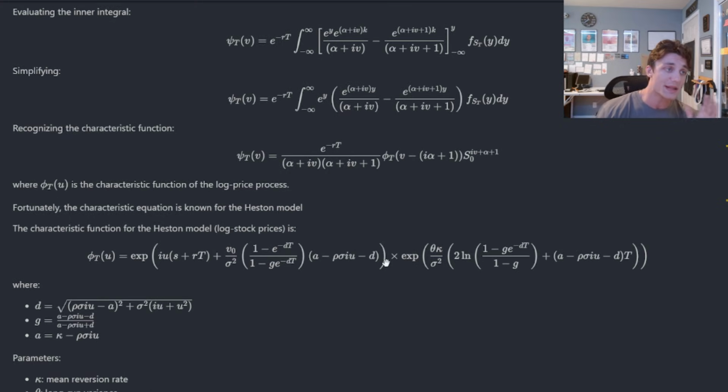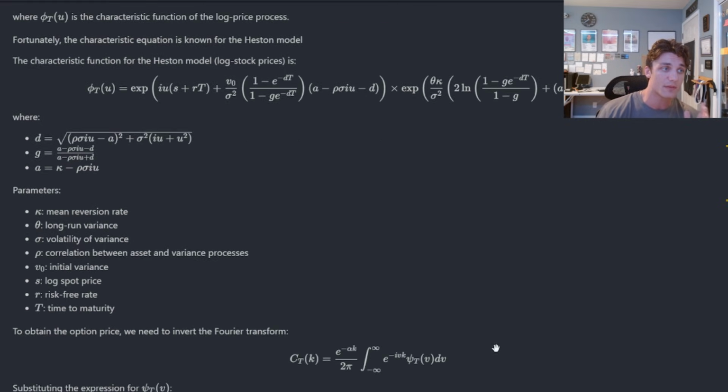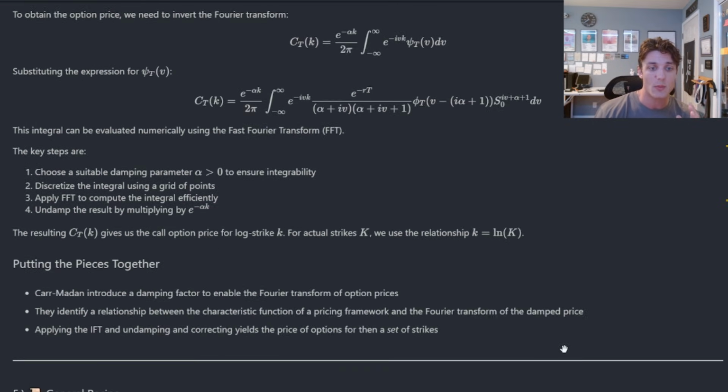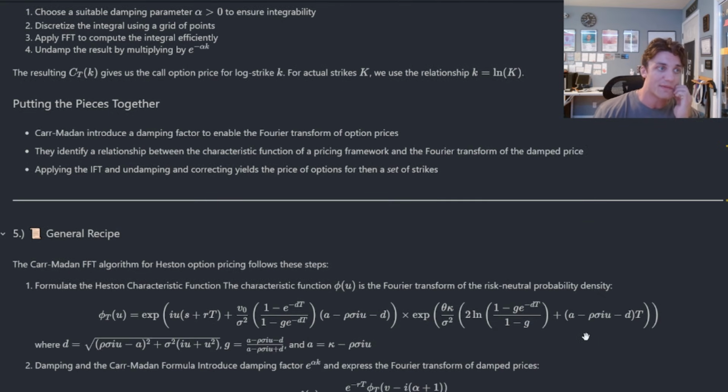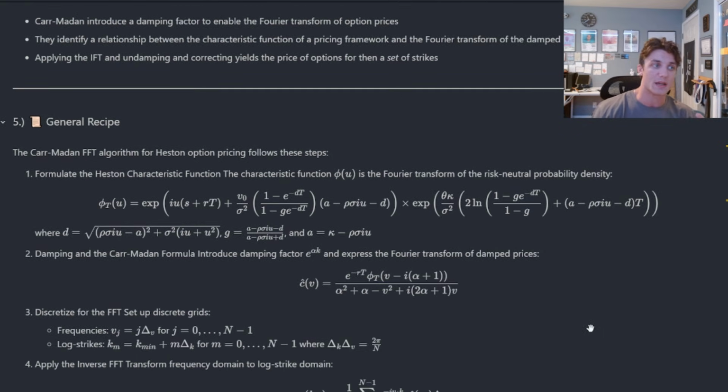All right. The implementation is difficult. I won't lie to you. The implementation is something that would take quite some time to actually develop. I've done it for you here. I've also written out a general recipe. So if you're trying as an exercise to build the implementation yourself, hopefully this offers you some guidelines.